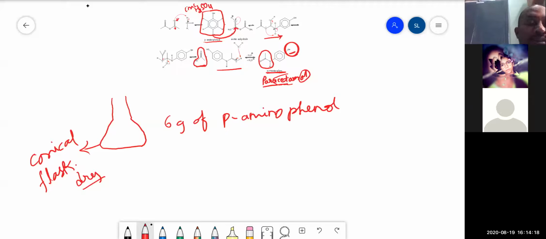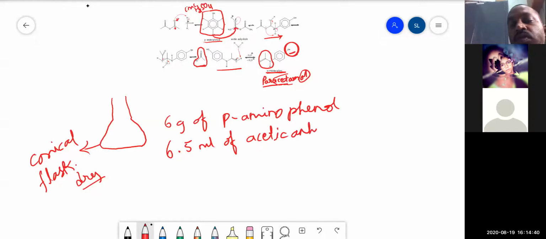Okay, that's why we have to take a dry conical flask, and into it you have to add 6 grams of para-aminophenol. Then to that you have to add 6.5 ml of acetic anhydride. So here acetic anhydride is the acetylating agent.